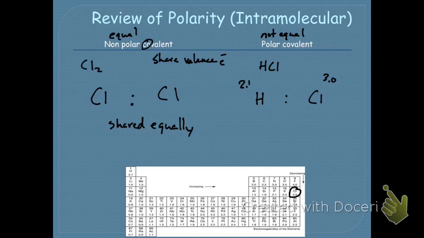The difference is 0.9, quite different. Chlorine is pulling harder, so the electrons, instead of being in the middle, move slightly towards chlorine. This makes chlorine slightly negative, partially negative, because it has more electrons closer to it, and makes the hydrogen slightly positive. So a polar molecule has a slightly positive and a slightly negative part, because they're sharing unequally.